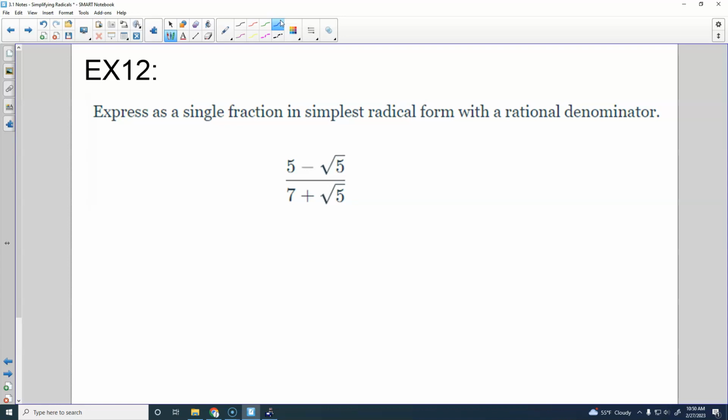So we got 5 minus square root of 5 over 7 plus square root of 5. So we got to multiply by 7 minus the square root of 5 in the denominator. And if we do that, we must also multiply the numerator by that same value.